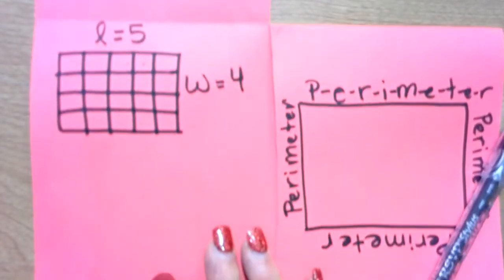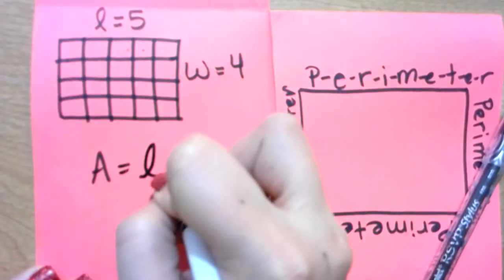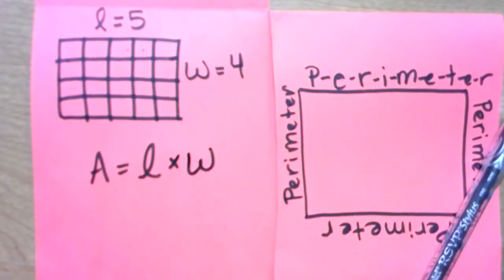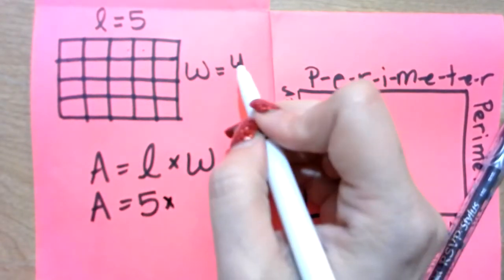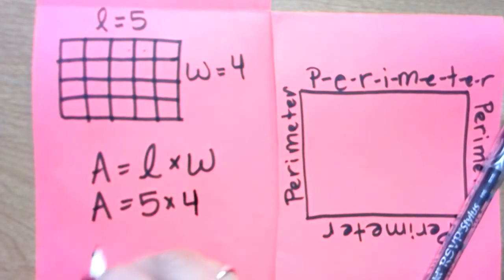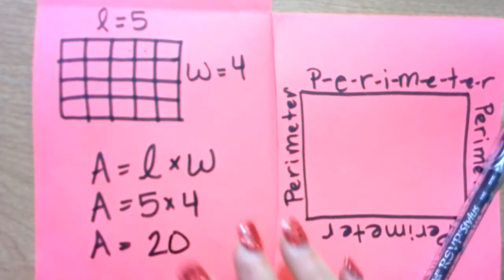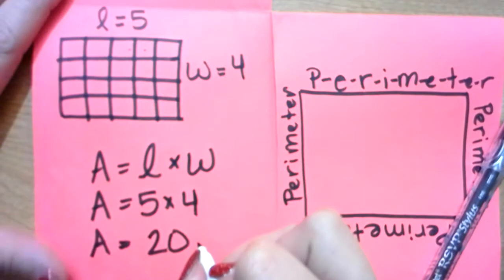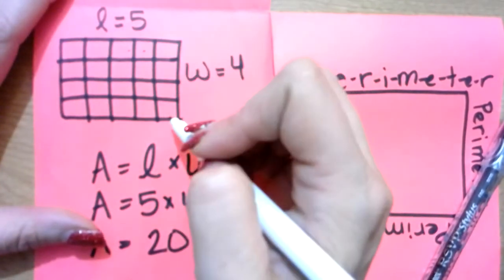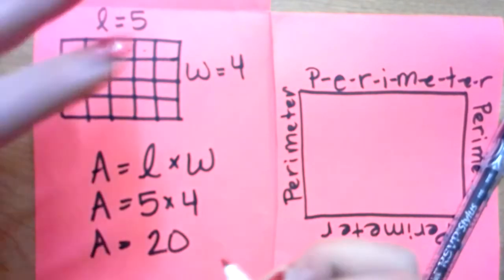So I'm going to write my formula. Area equals length times width. Area equals, I'm going to plug in my length, which is 5, times, plug in my width, which is 4, and then area equals 5 times 4 is 20. The thing with area is, because it's square units, if that told you it was 4 feet or 4 inches, it would say 20 inches or 20 feet or whatever the unit was.